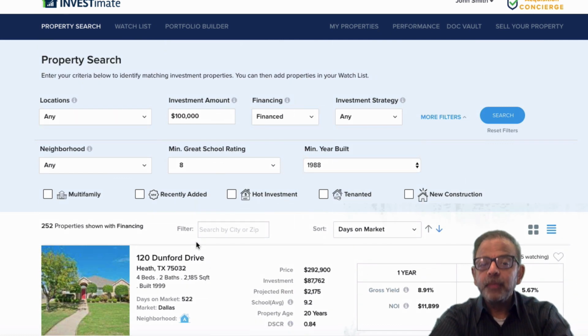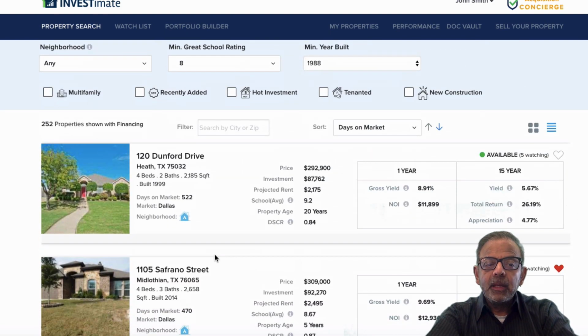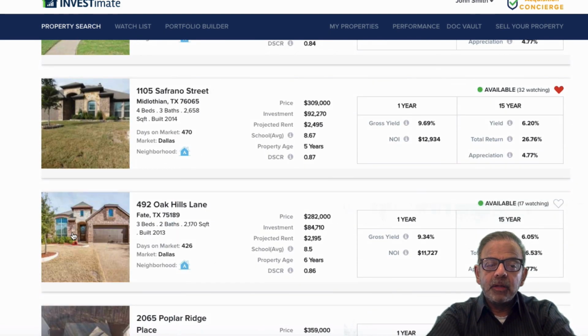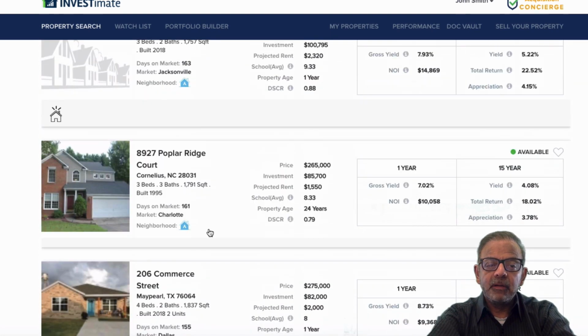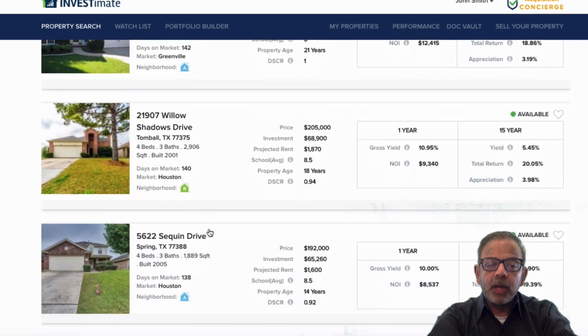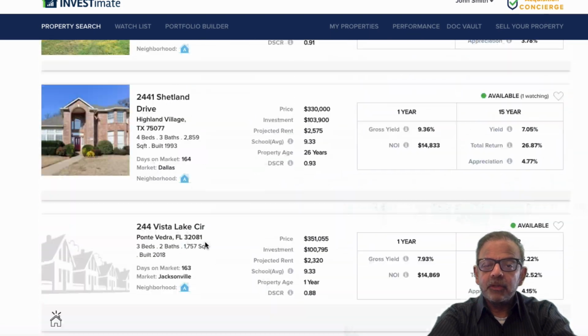I'm not going through a list of properties like I would on Zillow or Realtor.com and then figuring out which one of those I want to buy. I'll leave the drill down into these properties for later, but as you put these criteria in, you're given a wide range of properties to select from.